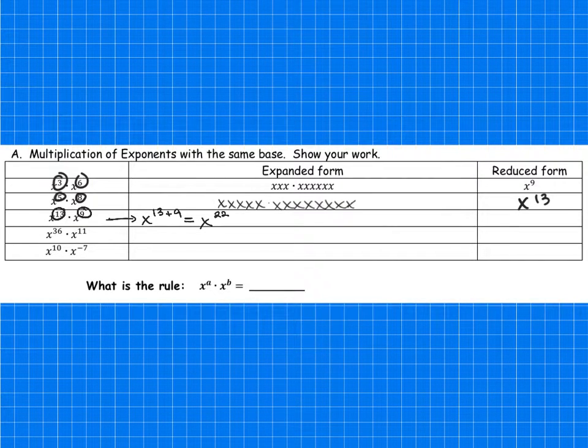So as I'm adding these things, x to the 10th, x to the negative 7th, that's still going to be x to the 10 plus negative 7, which is x to the 3rd. So the rule then, x to the a times x to the b is x to the a plus b.